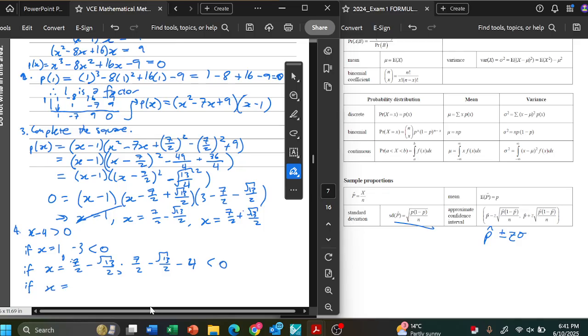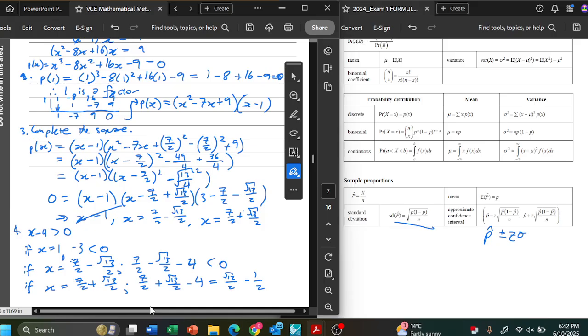Unfortunately. And then what about if x is equal to 7 over 2 plus root 13 over 2? Well, then we get 7 over 2 plus root 13 over 2 minus 4. That is equal to root 13 over 2 minus 1/2, since 8 over 2 is 4.